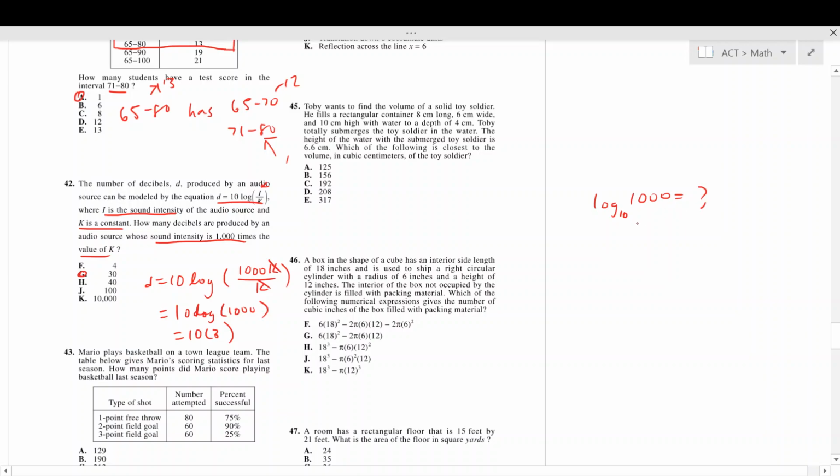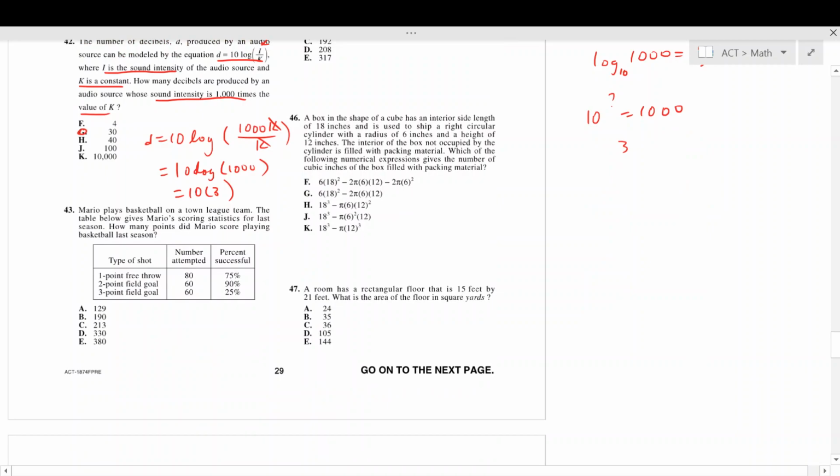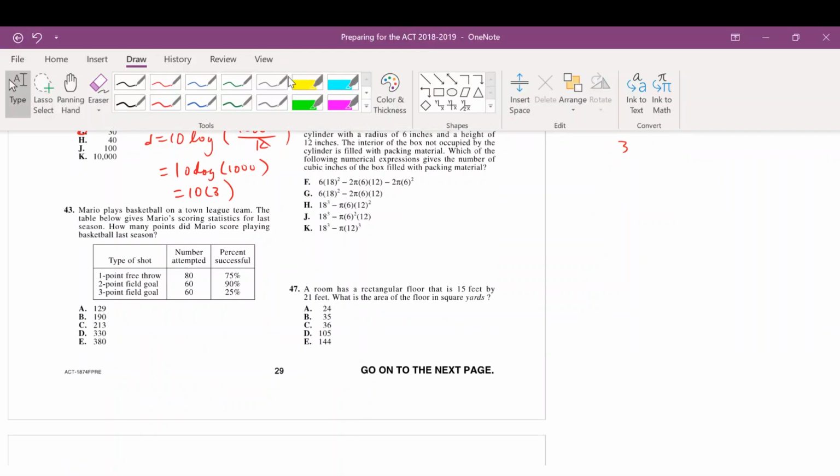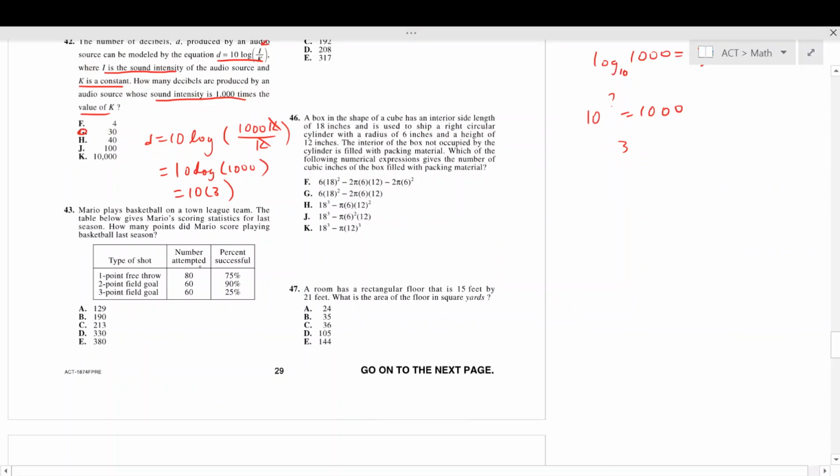And just the rules of logarithms, log base 10 of 1,000 can be rewritten as 10 to the question mark equals 1,000. 10 to the what power equals 1,000? Well, 10 to the 3 equals 1,000. So log 1,000 must be equal to 3. And if you forget that, then you could always enter log 1,000 into your calculator. That will also give you 3.